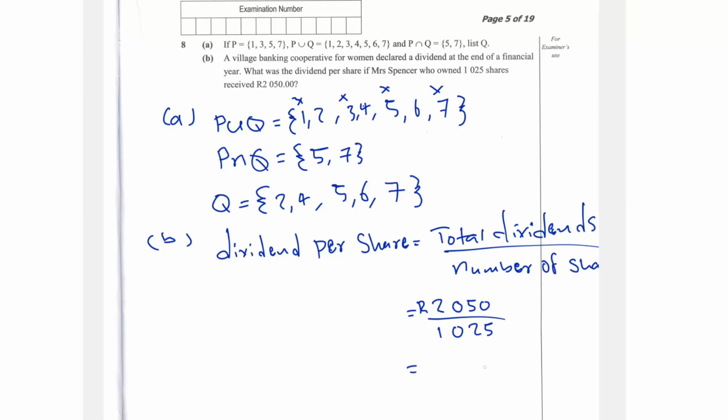When you divide this, your dividend per share will be R2. It will be 2 rands. So this is the dividend per share that was received by Mrs. Spencer.